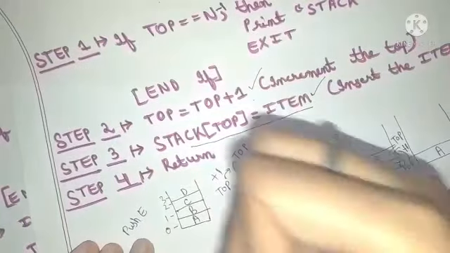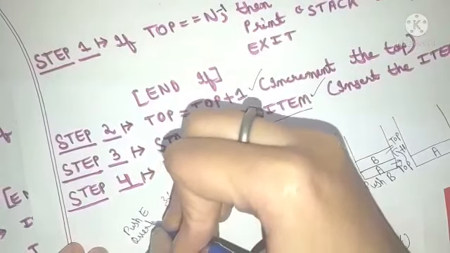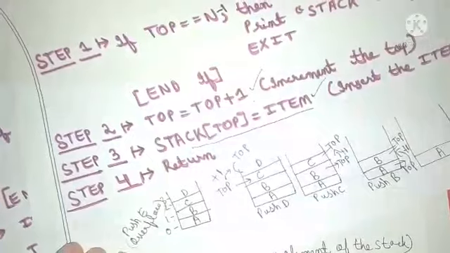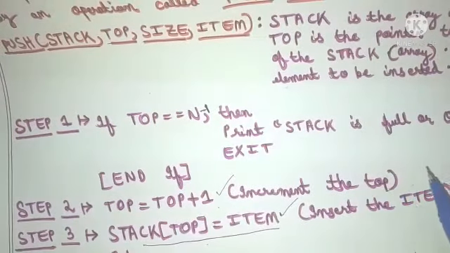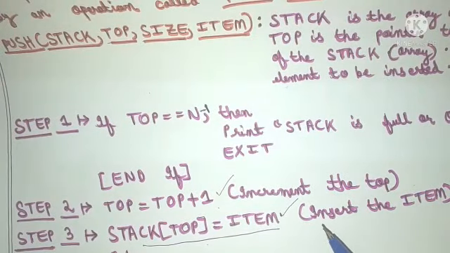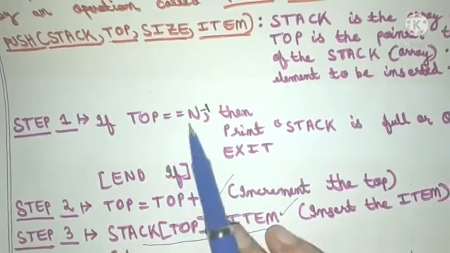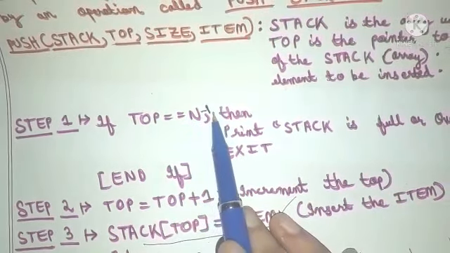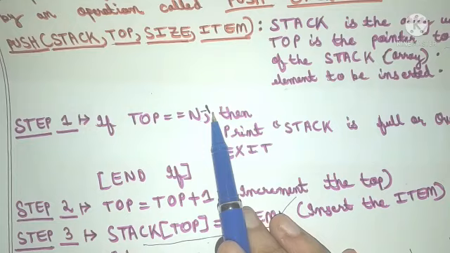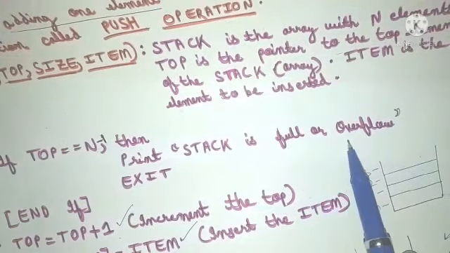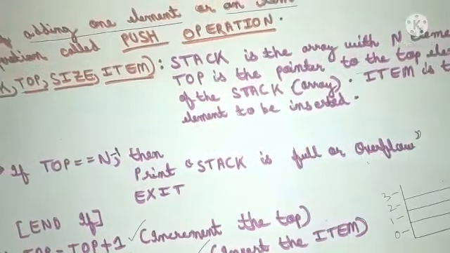It will give me the overflow condition. Why? Because I have declared the size n equal to 4, so top is equal to n minus 1. Once it becomes equal to n minus 1, that is 3, it will say the stack is full, or overflow.